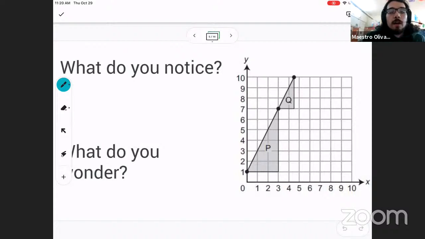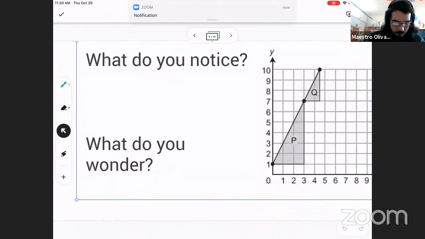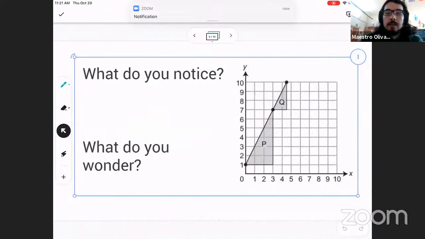So the first thing I want us to do is observe these two shapes. Everybody, if possible, write one thing in the chat. What do you notice about the graph?